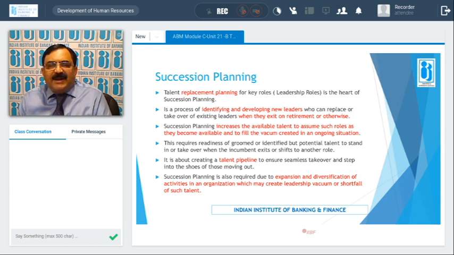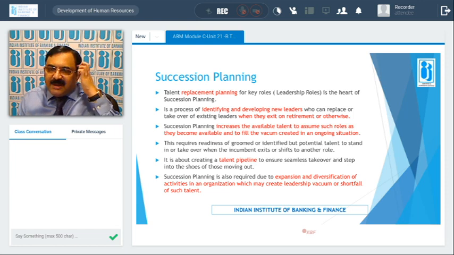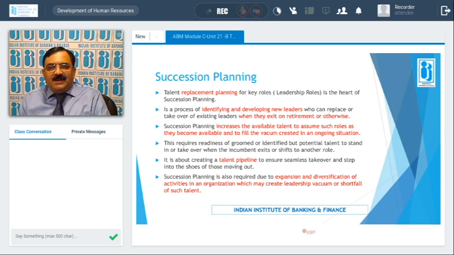It is a process of identifying and developing new leaders who can replace or take over from existing leaders when they exit on retirement or otherwise. So it could be due to retirement, which is a natural process, or it could be otherwise. Now, succession planning, because it's replacement planning, can increase the available talent to assume such roles as they become available and to fill the vacuum created in an ongoing situation.